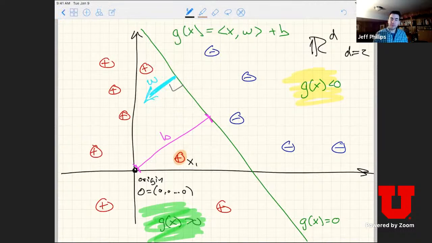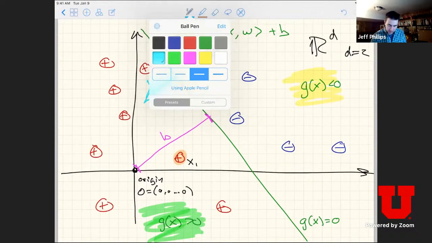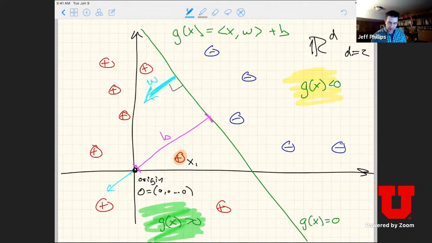So I'm going to take a dot product with w. Well, w is the normal vector here, right? So I take a dot product with it, and my distance is going to be negative. So maybe negative 1.2 is the length backwards that this point is going in this direction w.